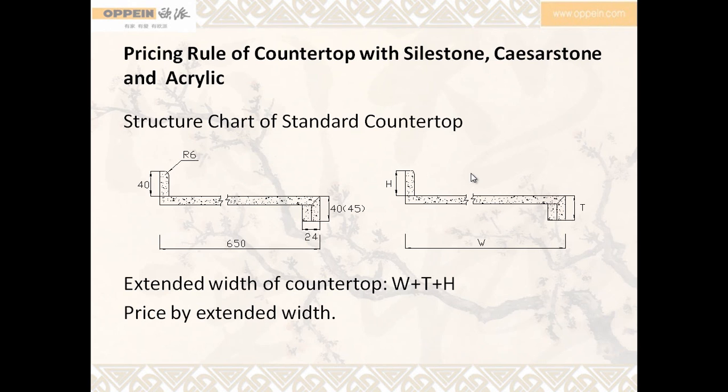The pictures in this slide show the structure chart of a standard countertop. We can see the lengths W, T, and H. The sum of W, T, and H is the extended width of the countertop. For these countertops, we price by the extended width.